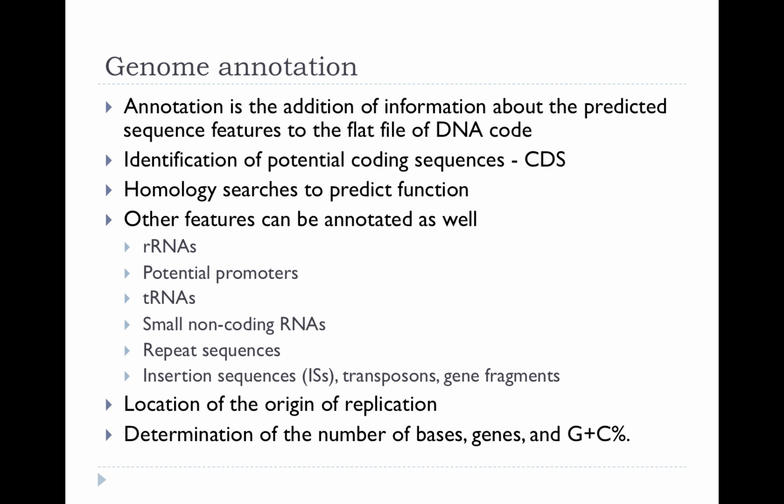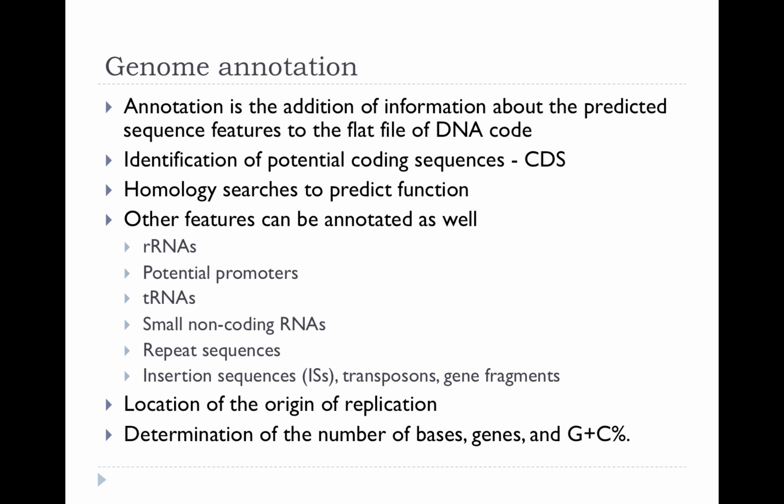In addition, there are a whole number of other features that we can annotate as well, and the amount of effort that goes into this might vary from one project to another, but you can see them there: the ribosomal RNAs, the transfer RNAs, trying to identify promoter sequences, non-coding RNAs, that sort of stuff.